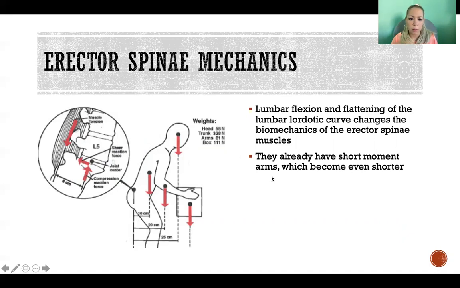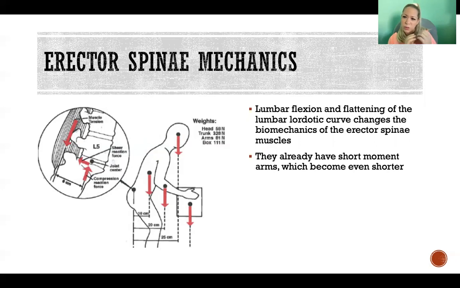And when we go into lumbar flexion, they become even shorter. So we're further shortening already short moment arms, which means that in a flexed position, erector spinae has to contract to a greater extent and produce more force to produce the same movement.